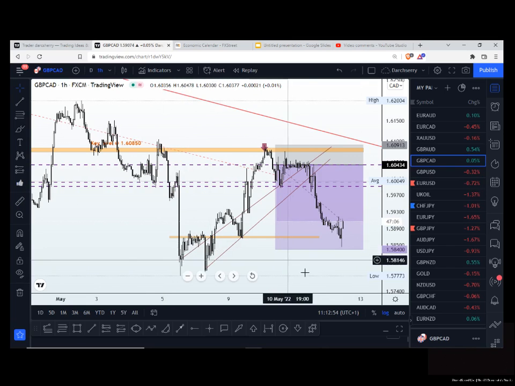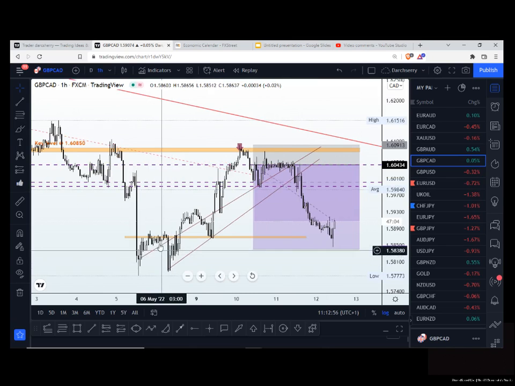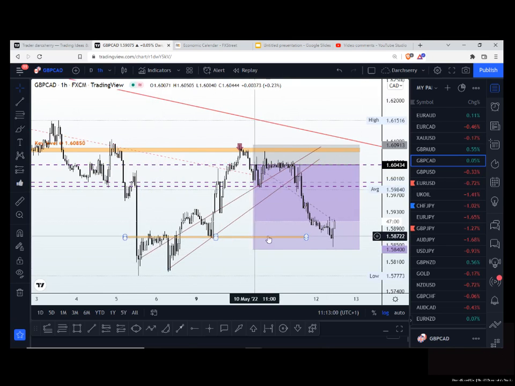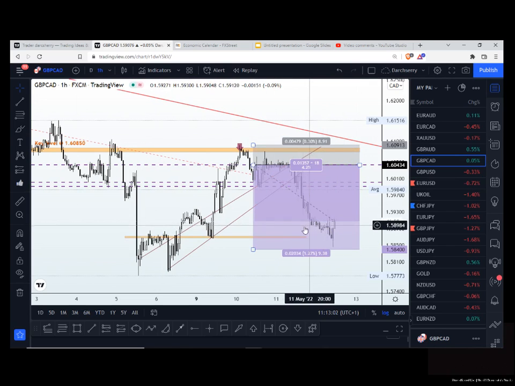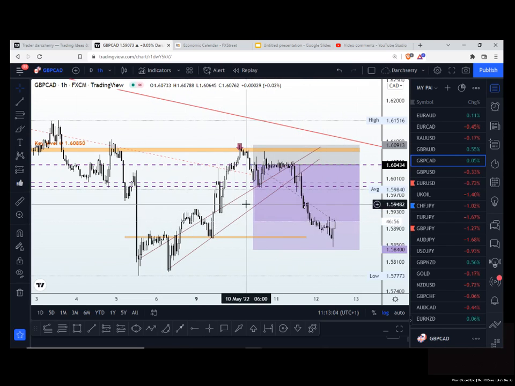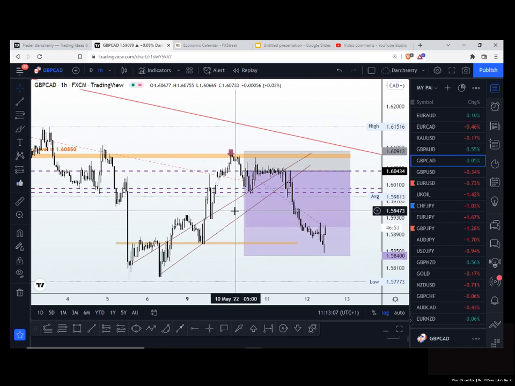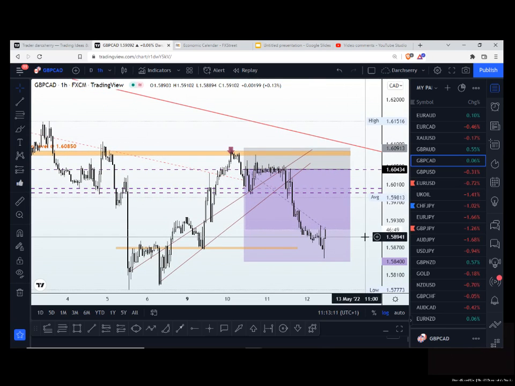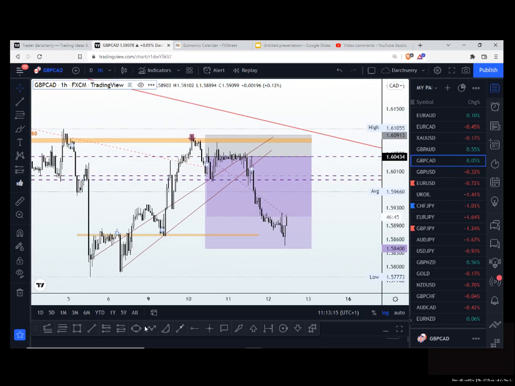And I made mention yesterday that this level will be a level where if I see rejections of this level, I will close my trade. And I actually did that before I came online. And if you are still in the trade, I think it's advisable we close now and let's see how price is going to play out.